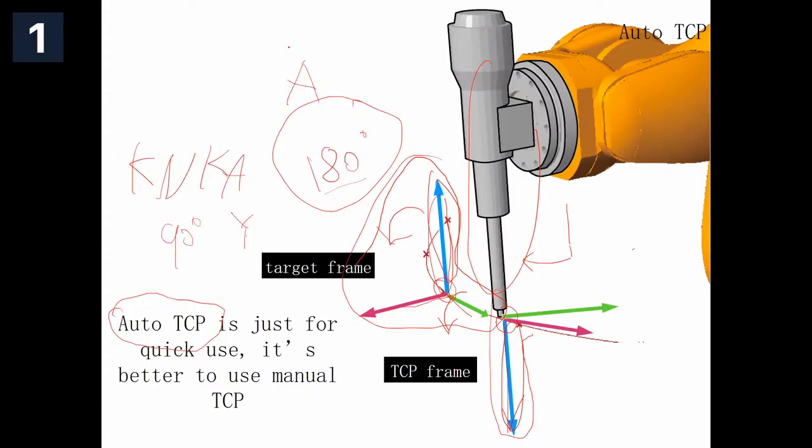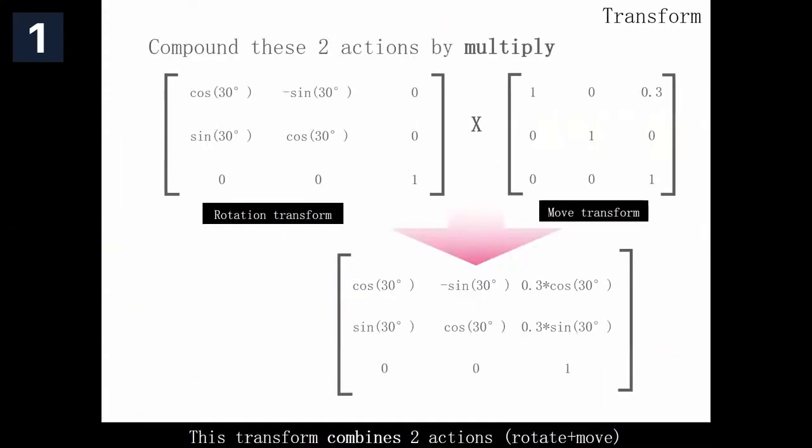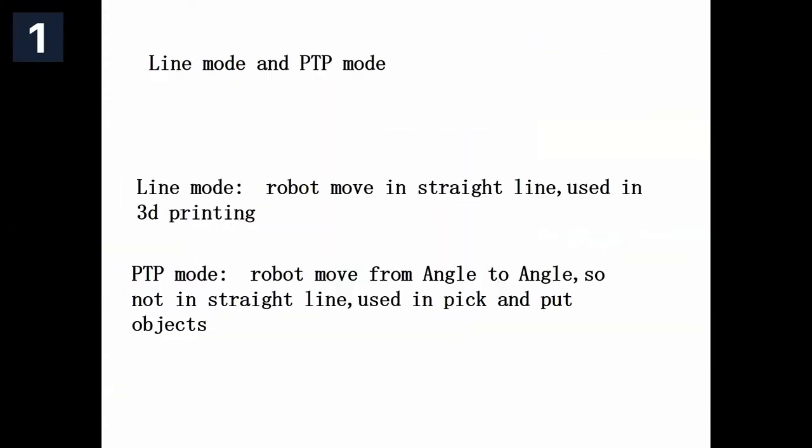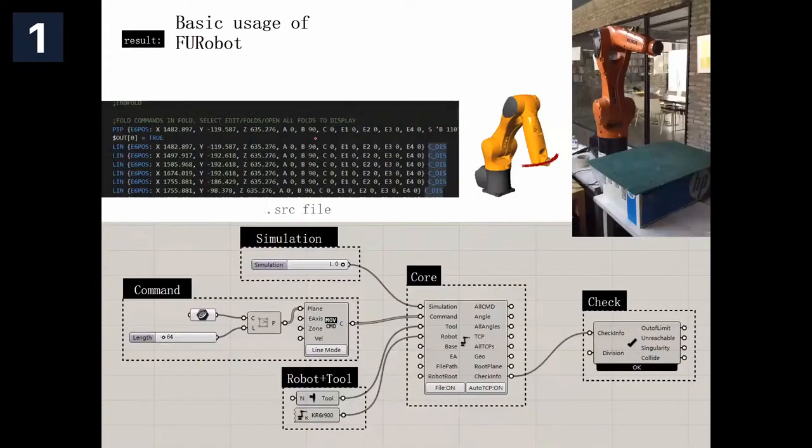In ABB it is 180 degrees. So we can remember the first slide. You can see this y. This is 90 degrees because you use auto TCP. Every robot rotates for you for easy use.